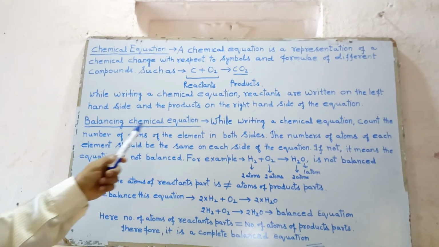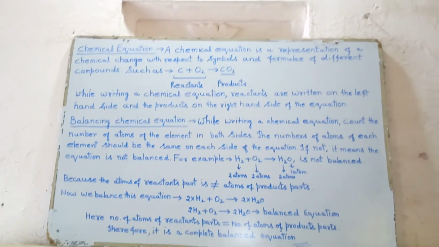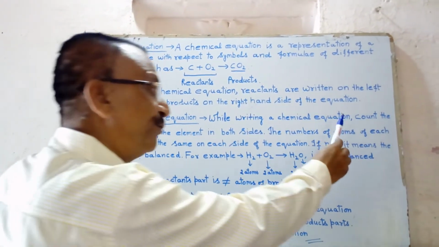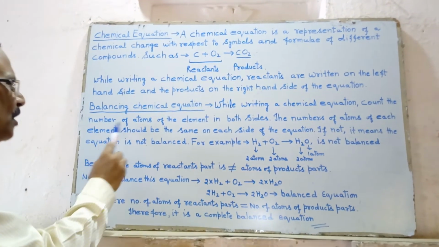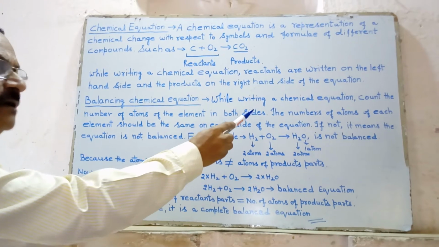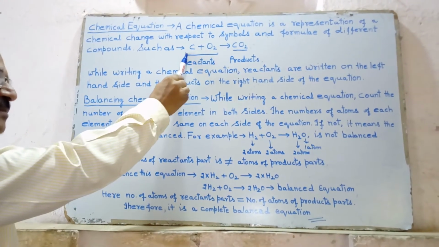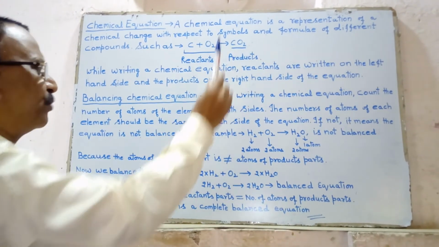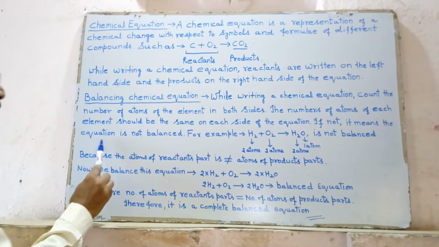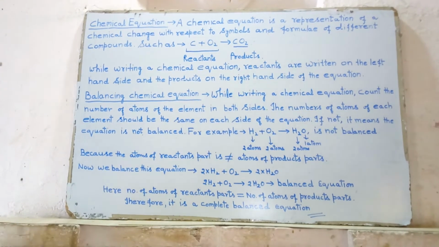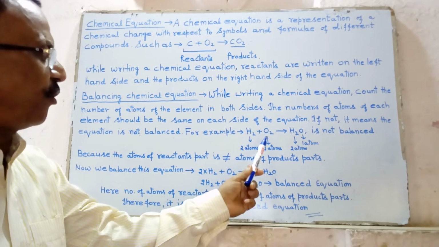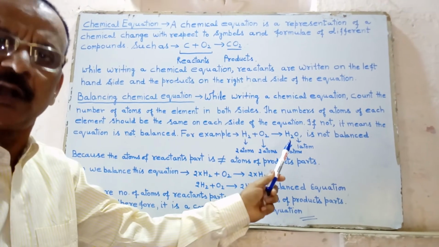Now, balancing a chemical equation. How to balance? While writing a chemical equation, we should count the number of atoms of each element on both sides. The atoms of the reactant part should be equal to the atoms of the product part. If not, the equation is not balanced. For example, hydrogen and oxygen give us water.